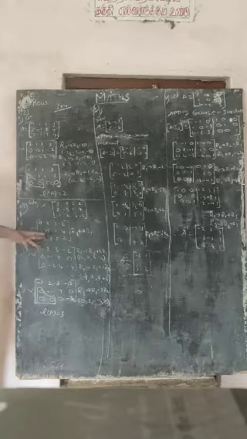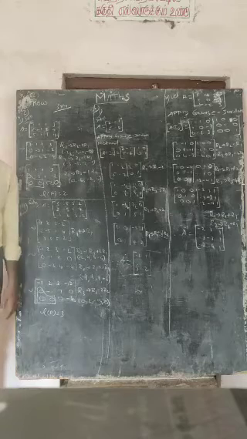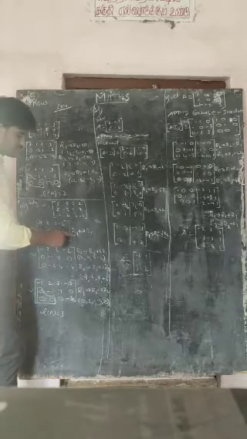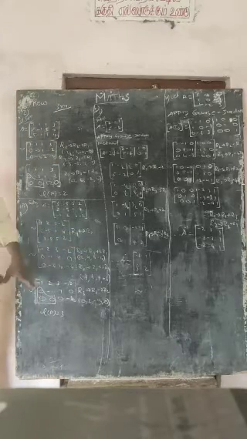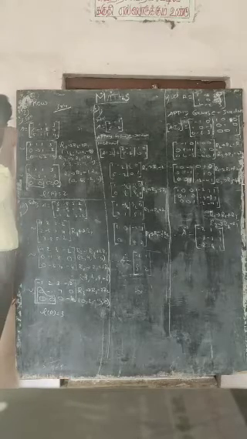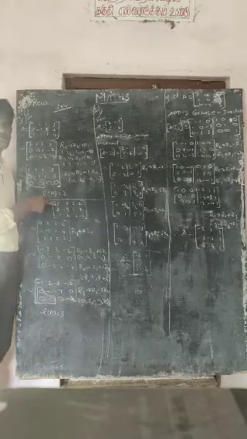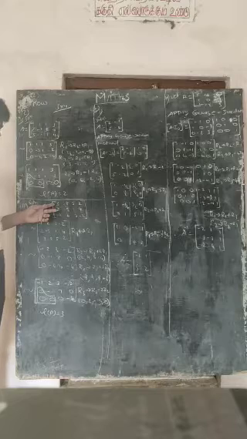So the first condition we have to follow is R1 interchange with R3. Why do we interchange R1 and R3? Sir, why do we interchange R1 and R3? Because we get an advantage. What advantage? If this place is always a 1, solving will be easy. This place should be a 1.